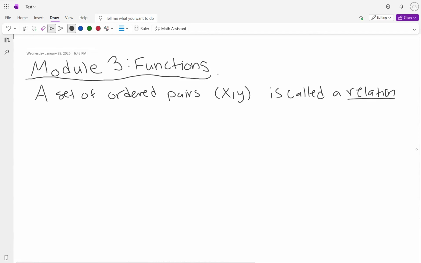Okay, so a relation is just a relationship between x and y, and we can often represent it as a set of points.